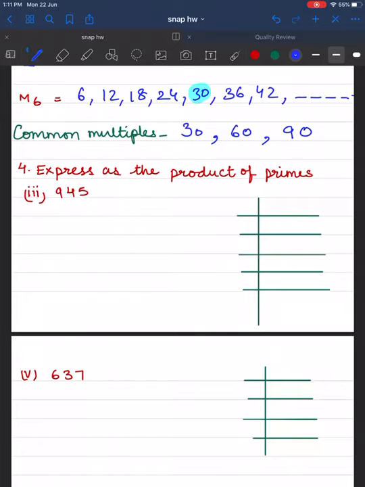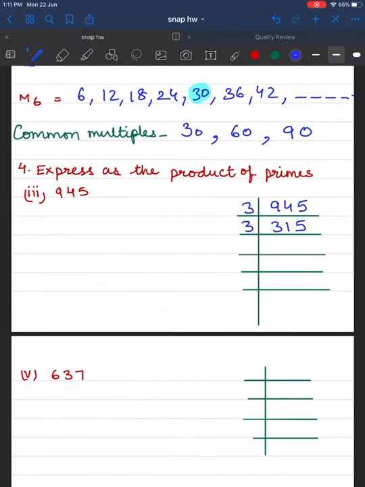Now let's move to the next question. Express as the product of primes. First number is 945. So children, I hope you know how to find out prime factorization. So let's find out. Here we write 945 and we start with the smallest prime number. So it will be exactly divisible by 3. So 3 3s are 9, 3 1s are 3, and then 3 5s are 15.